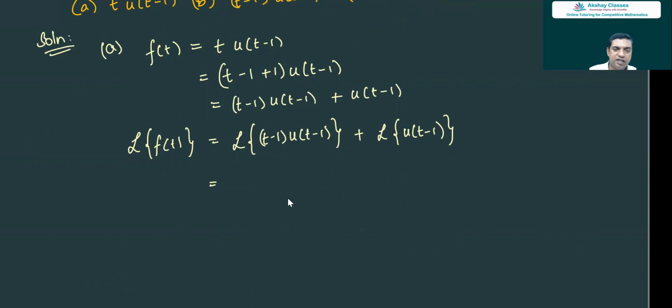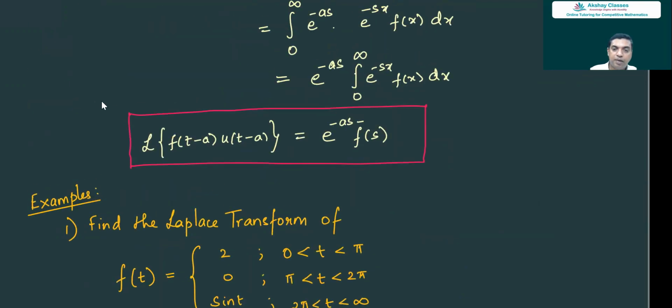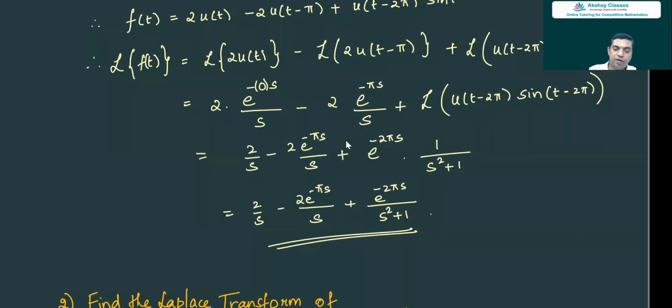So this is e power minus as times... Laplace transform of t is 1 by s square, and Laplace transform of 1 is 1 by s. So we have to get this e power minus as f bar of s.